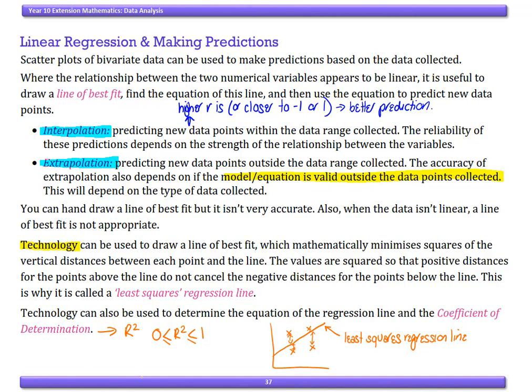So 0 will be no relationship, and 1 will be a perfect relationship. So the closer our R squared is to 1, the stronger the relationship, the better our predictions will be using that. Okay, this will make a bit more sense when we get to an example.